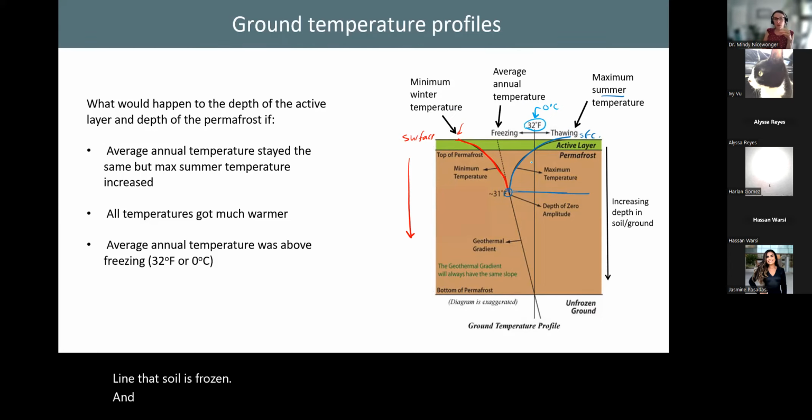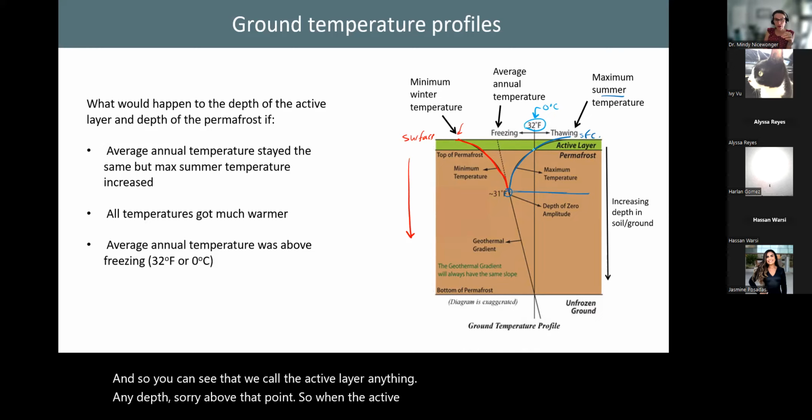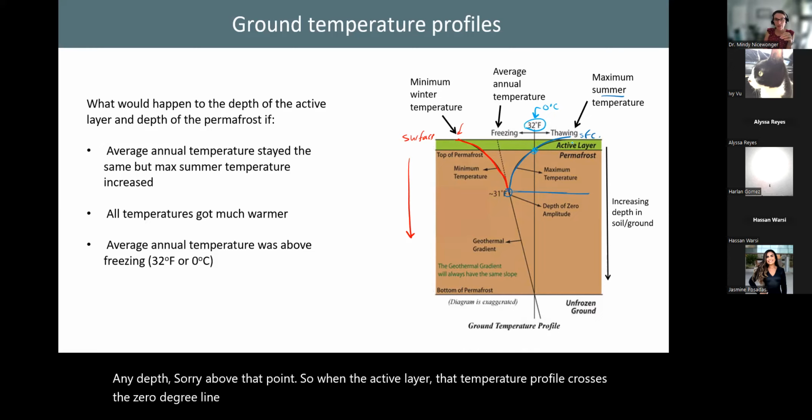And so you can see that we call the active layer any depth above that point. So when that temperature profile crosses the 0 degree line, anything above that is considered active. It's above freezing.